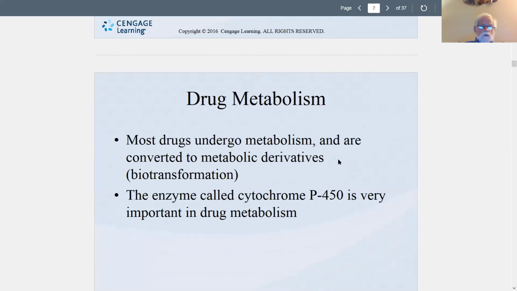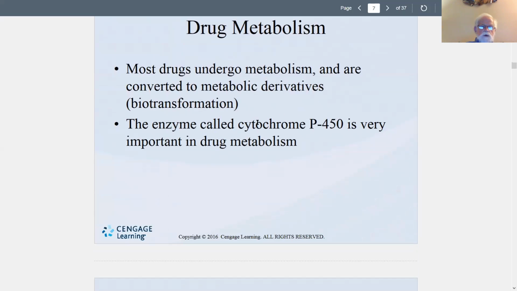Metabolism, they're generally transformed by a process that we call biotransformation, which means the body chemically modifies the drug, often, not always, but often, to make it quicker to be disposed of through excretion.